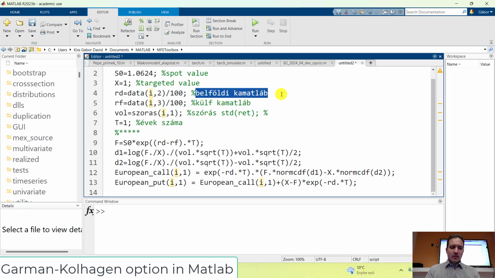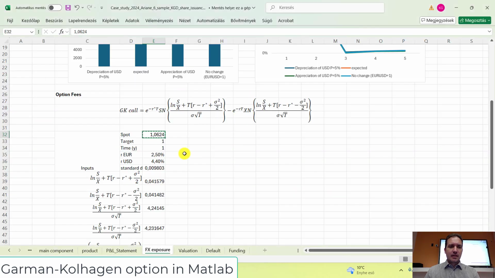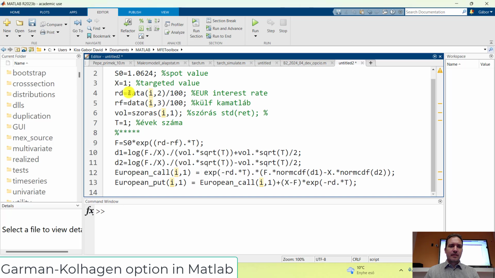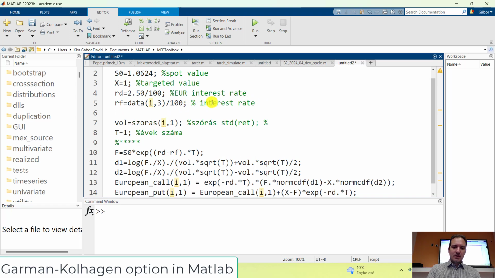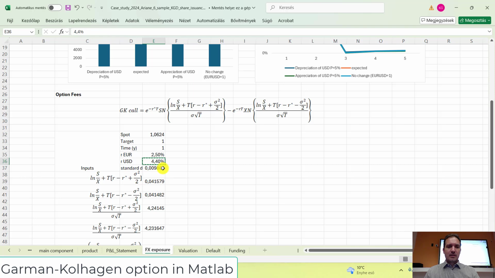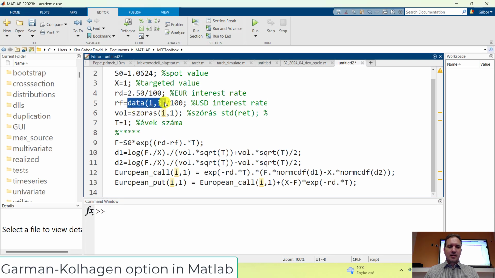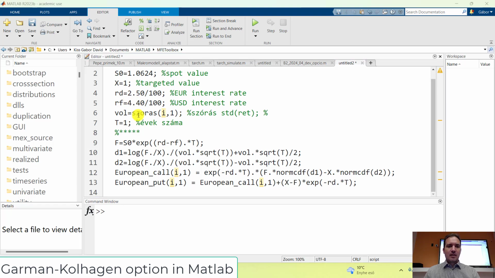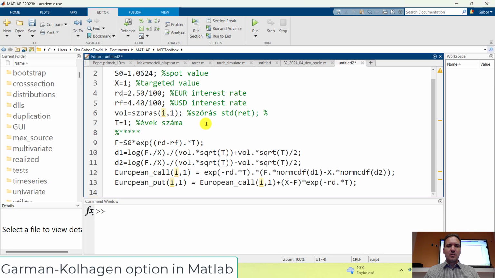We have the domestic, so the euro interest rate. I already mentioned that we should be really careful, because usually this is where I'm making the mistake, or I have huge potential to forget it. This is the USD interest rate. So here we have to say that it's 4.4. And then we need the standard deviation.